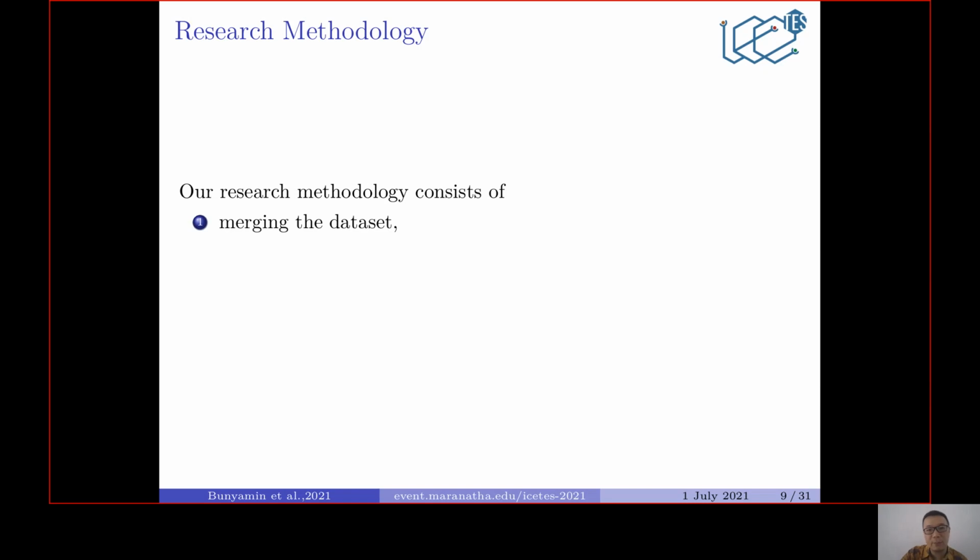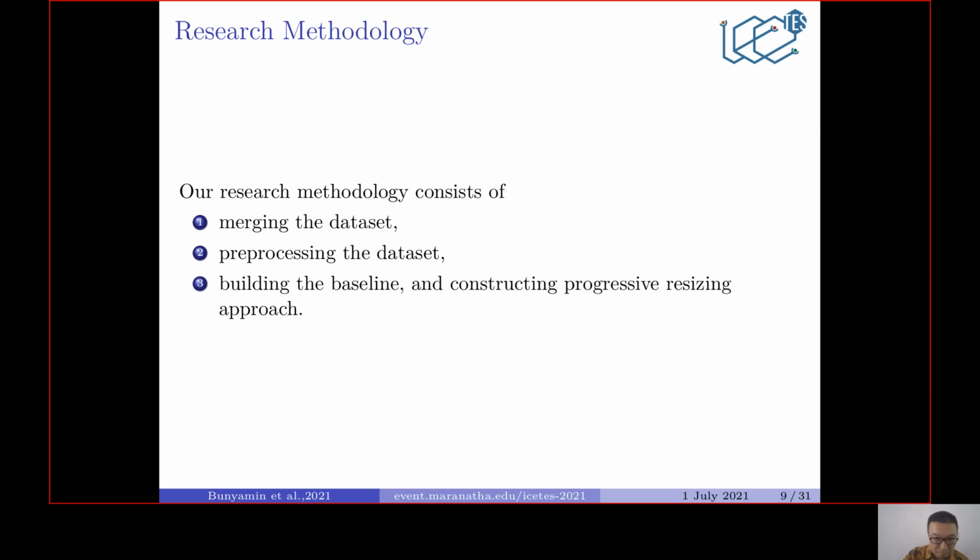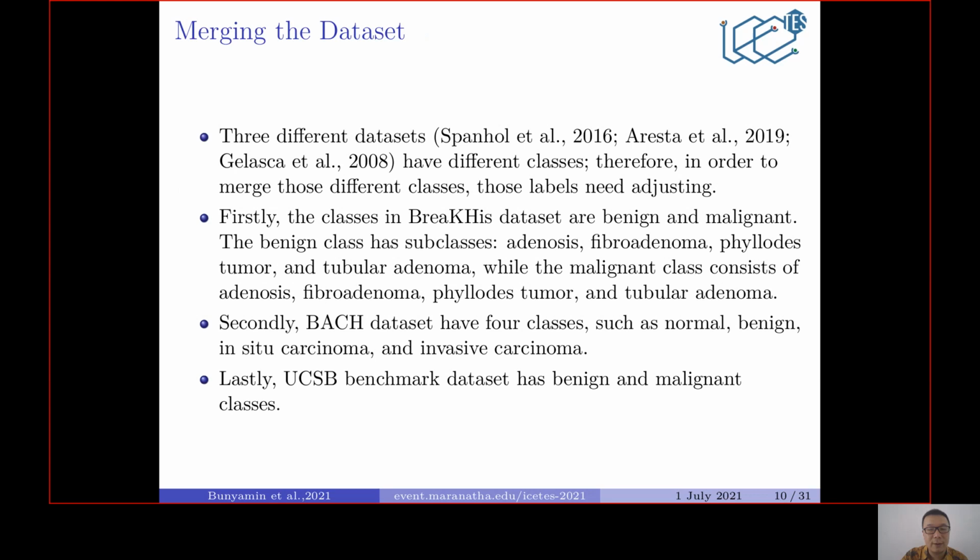Okay. So our research methodology consists of merging the datasets, pre-processing the datasets, building the baseline, and constructing the progressive resizing approach. Basically, it's not that difficult to merge the datasets because we need to find the intersection between all these datasets.